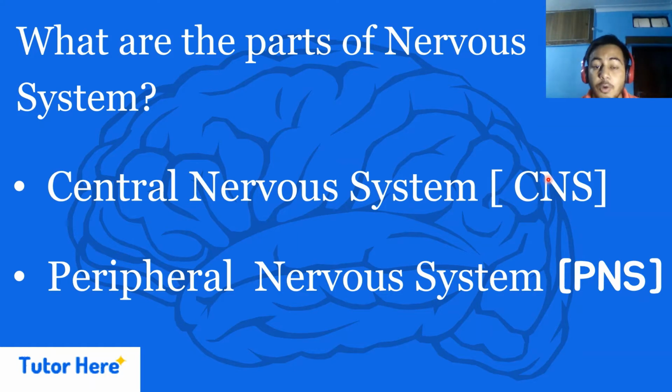So the CNS alone cannot transmit or get signals from that long distance. So your body devised a great way, that is creating another, separate nervous system, that is the PNS, which connects the limbs and organs to the central nervous system.